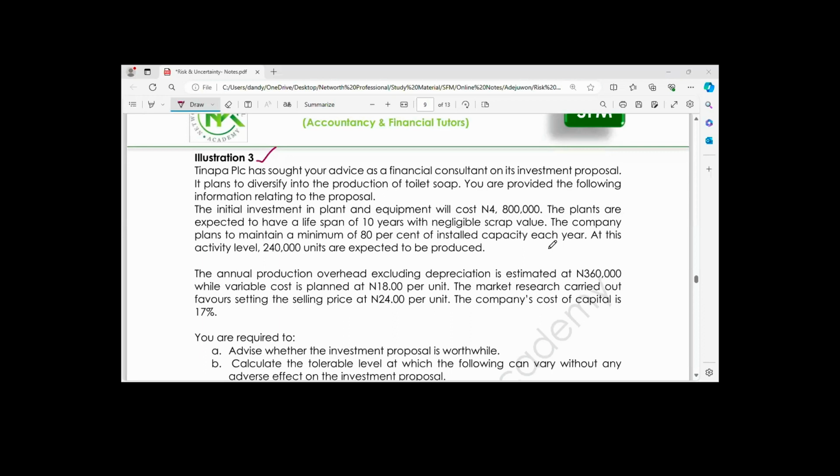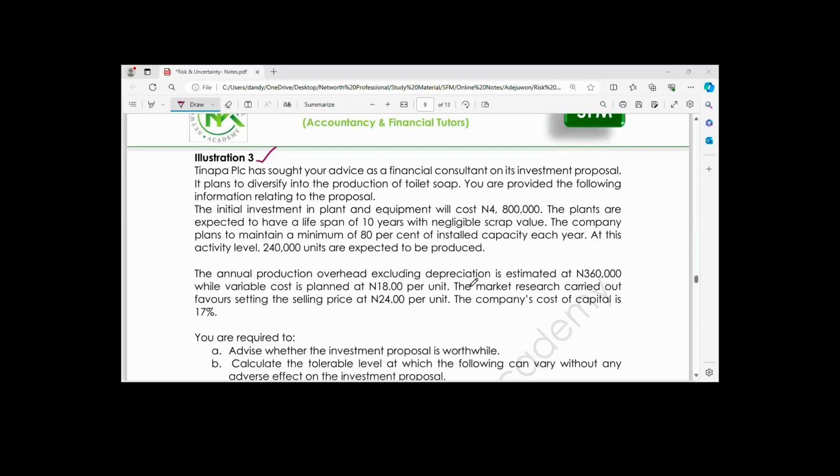At this activity level, 240,000 units are expected to be produced. The annual production overhead, excluding depreciation, is estimated at 360,000 naira. While variable cost is planned at 18 naira per unit, the market research carried out favors setting the selling price at 24 naira per unit. The company's cost of capital is 17%.